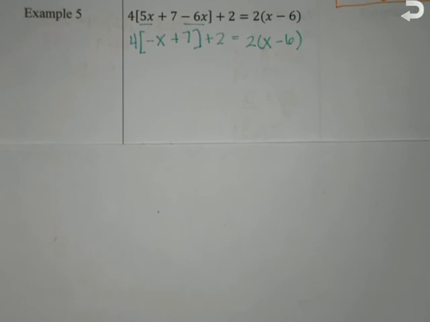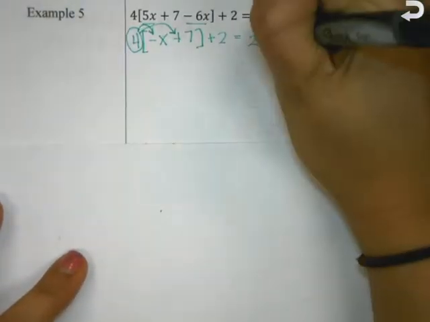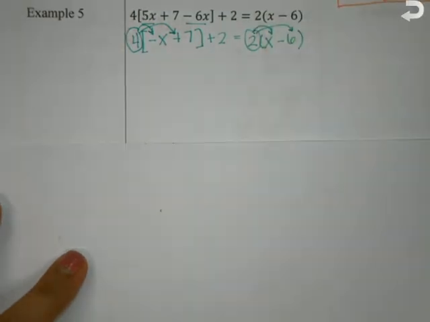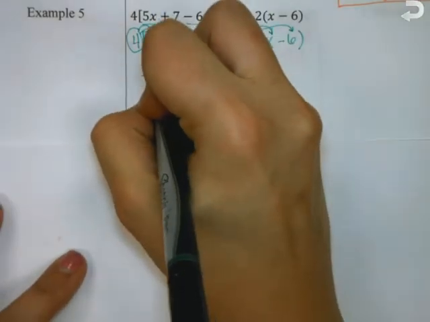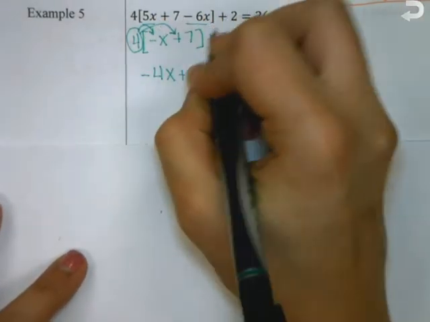All right, now what do you see? Starts with a D. Distributive. So distribute the 4 and the 2. So that's going to give me negative 4x plus 28 plus 2 equals 2x minus 12.